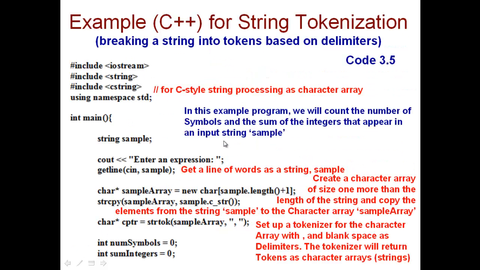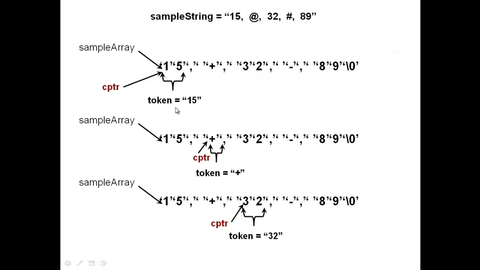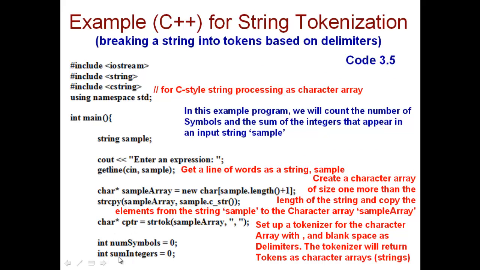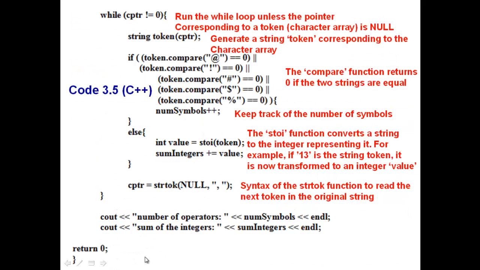So like I indicate here, it would be the set of characters 1, 5. That's the string 1, 5. You want to convert that to the integer 15. So we can call this stoi function that will convert that string 1, 5 to 15, and now that's stored in this temporary variable value. And you can keep adding that to the initial local variable, sum of integers, that you have created here, and that will keep adding all those integers.